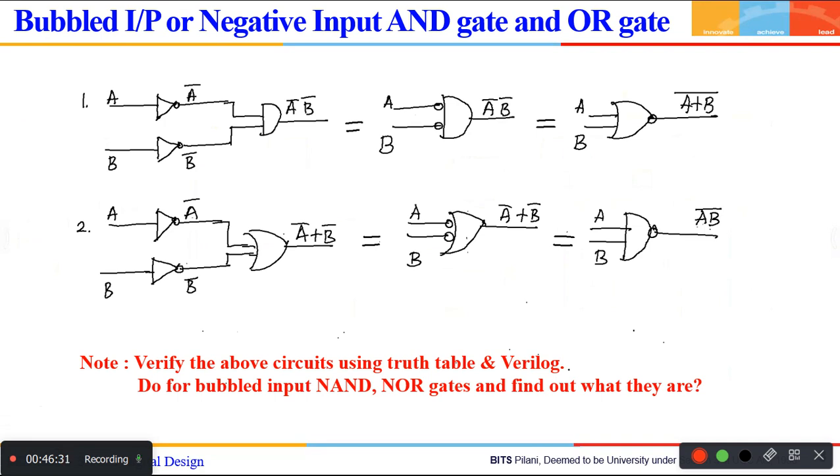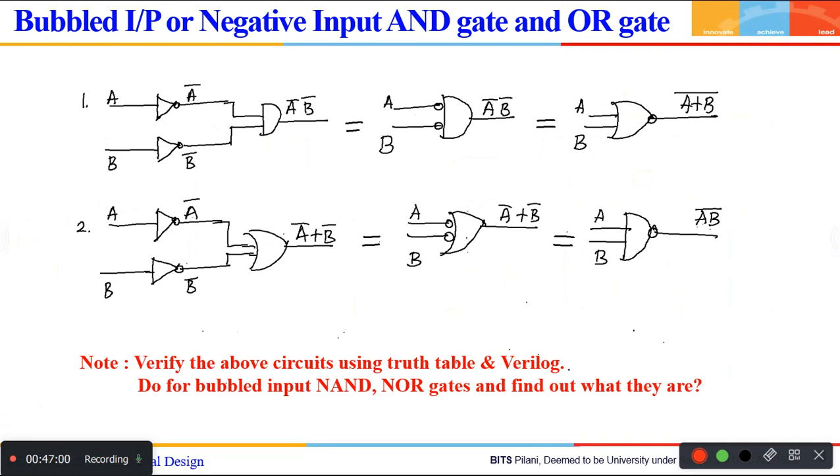Then wherever there is a NOT operation, I have to use a NOT gate. Wherever I have an AND operation, I have to use an AND gate. Wherever I have an OR operation, I have to use an OR gate. So my entire logic circuit will have a mixture of these three gates, yes or no? So there is no uniformity in that, right?